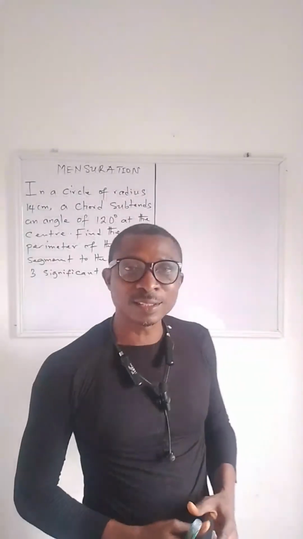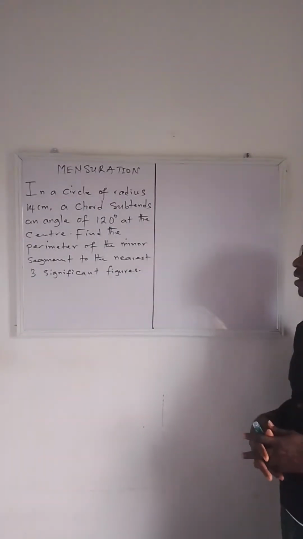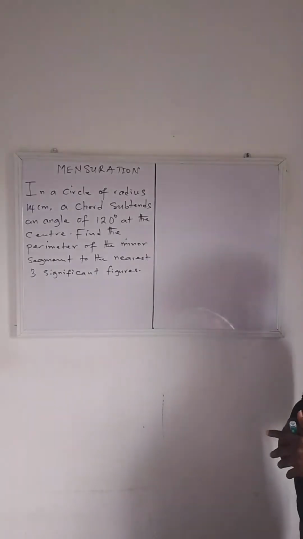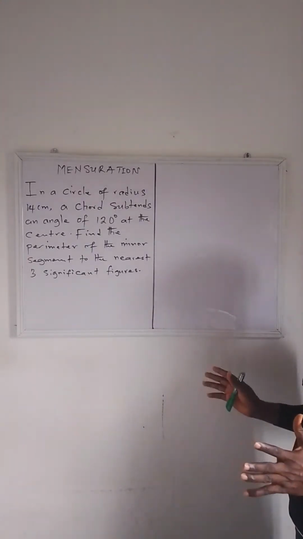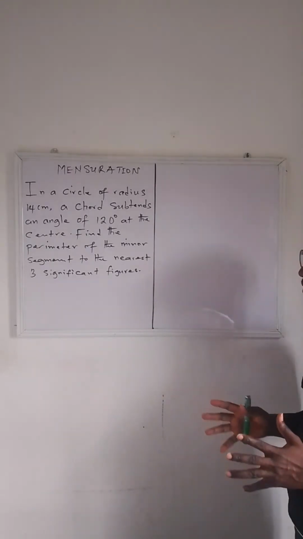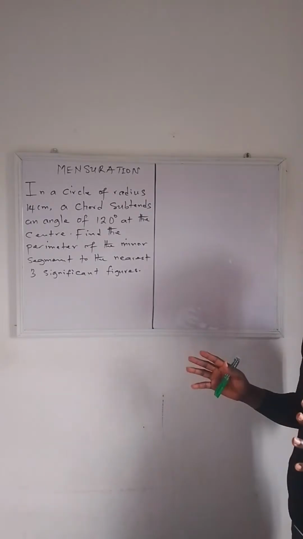All right, now let's look at the first question here. In a circle of radius 14 centimeters, a chord subtends an angle of 120 degrees at the center. Find the perimeter of the minor segment to the nearest three significant figures.